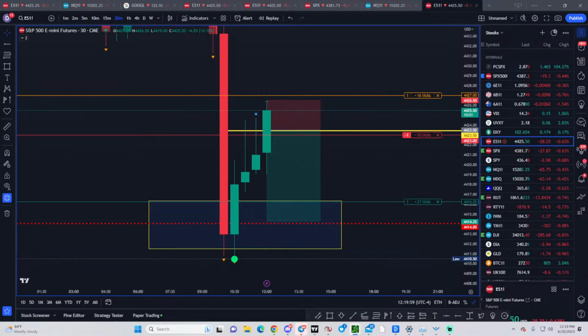We're holding our short position still. Still holding.